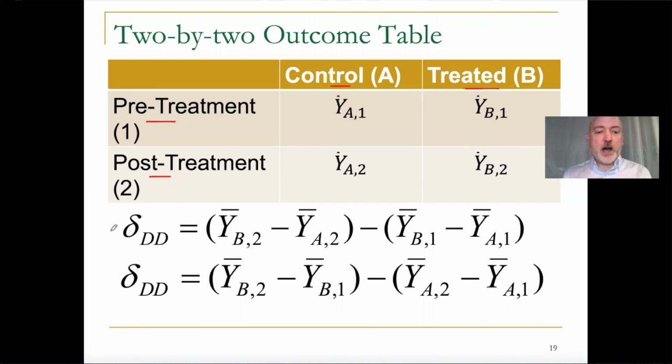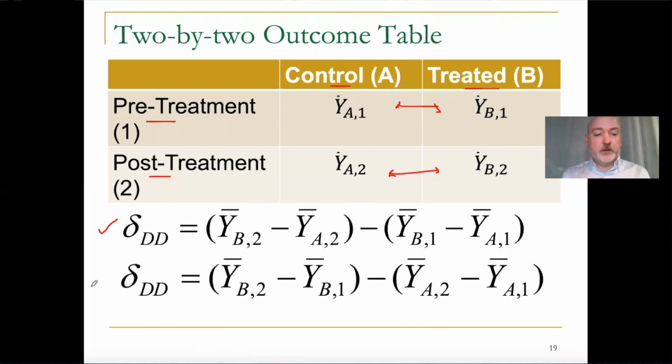So the top version of it here, the first one we looked at, is post-treatment differences between groups. So that would be the difference here between A and B post-treatment relative to the difference here, the difference between A and B pre-treatment.